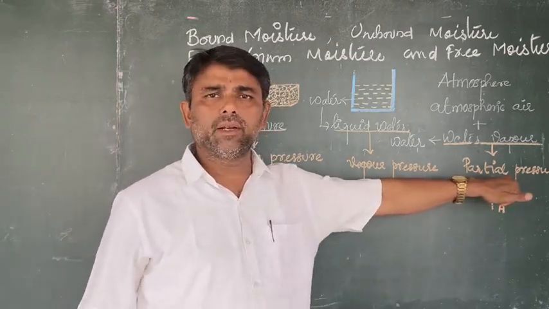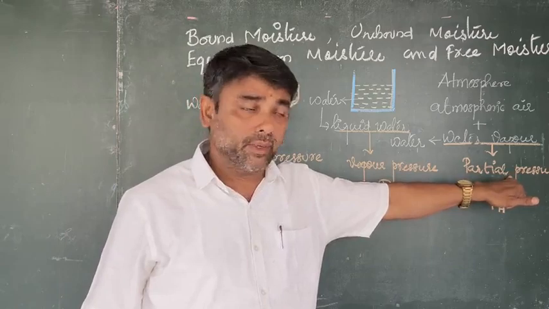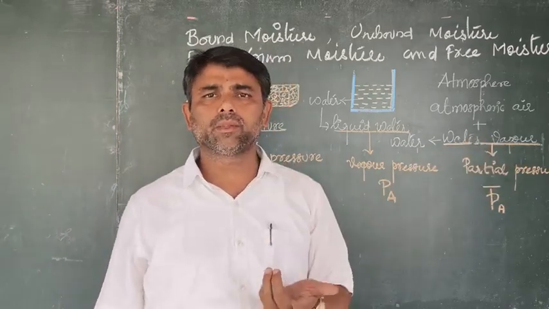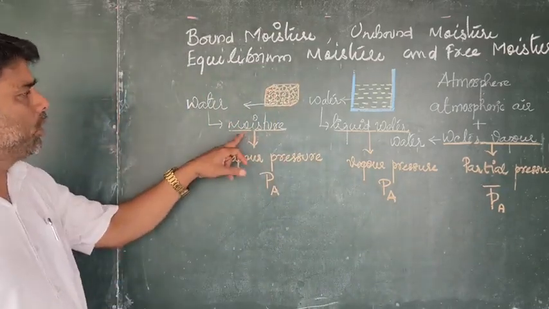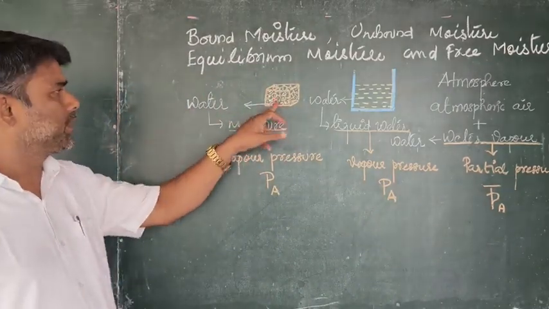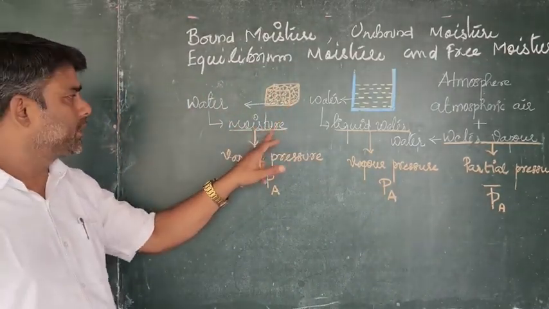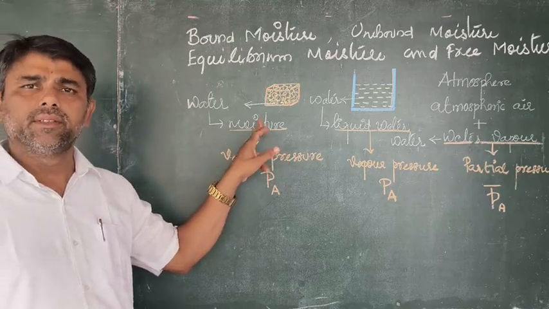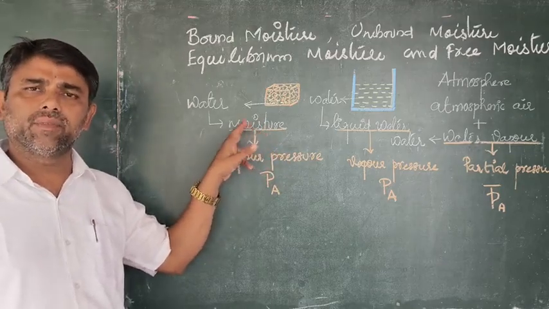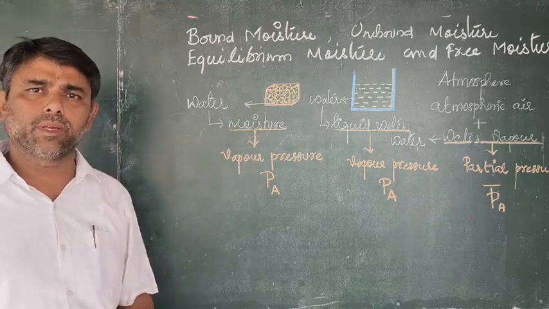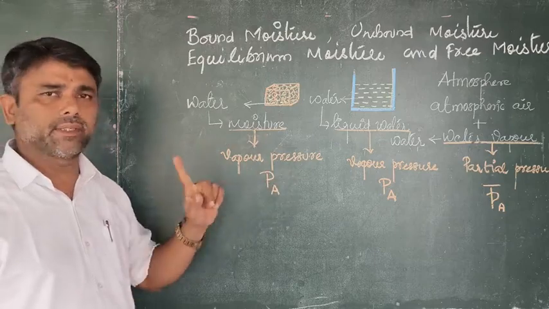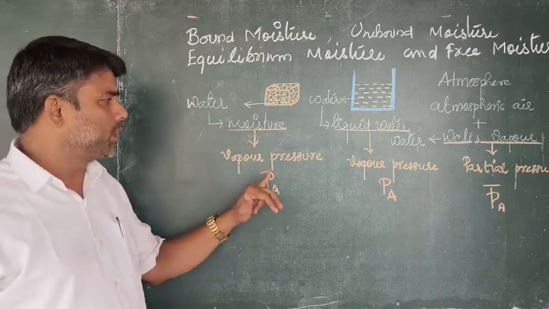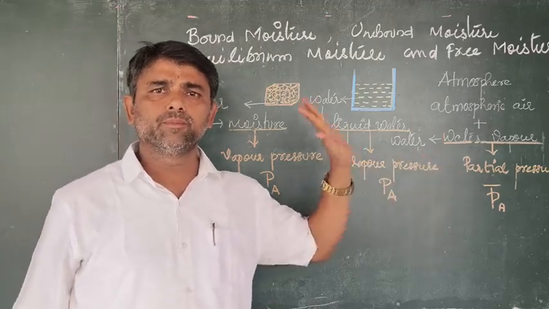Partial pressure is again the pressure exerted by the water vapor against the atmosphere. One more term, moisture. Water present in a substance is called moisture. This also exerts a definite quantity of pressure against the atmosphere. This pressure is called vapor pressure exerted by moisture. Now you are clear what is meant by vapor pressure and what is meant by partial pressure.